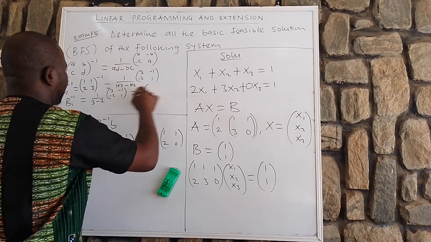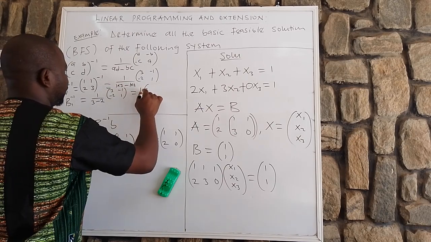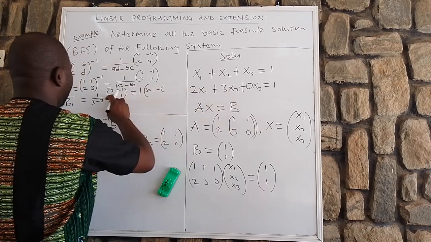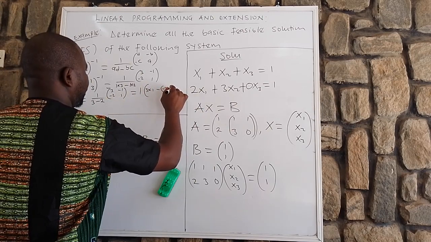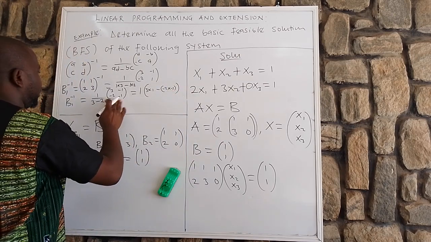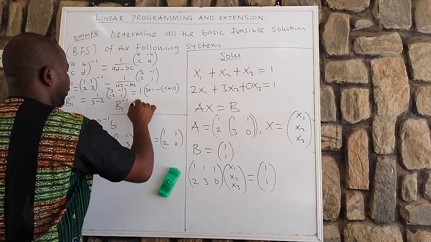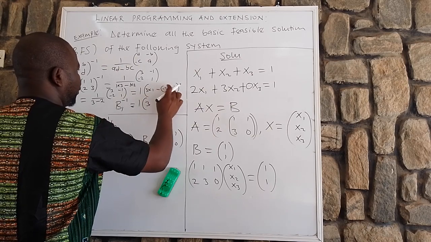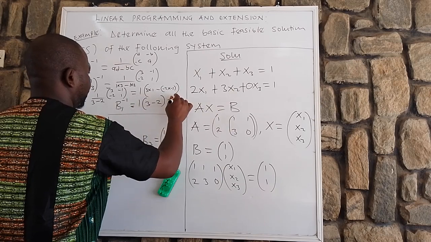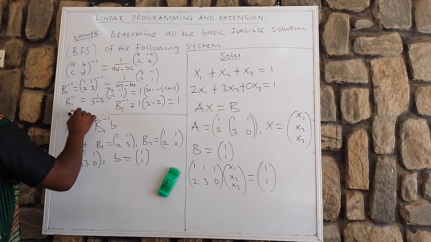Then we use this one to multiply this: 1 times 3, or 3 times 1, then minus, open bracket, minus 2 times minus 1. Then this gives us B1 inverse as 1, open bracket, 3 plus minus 2, which is equal to 1 times 1, which is 1. So therefore, our B1 inverse is equal to 1.